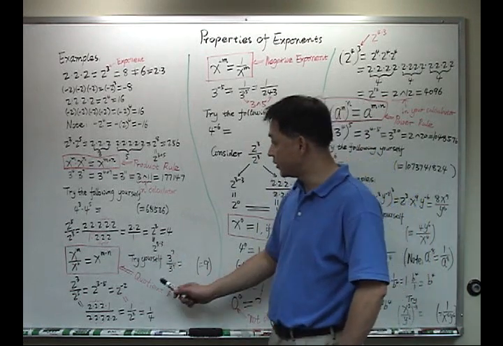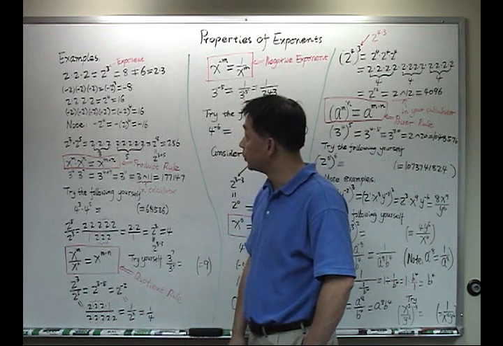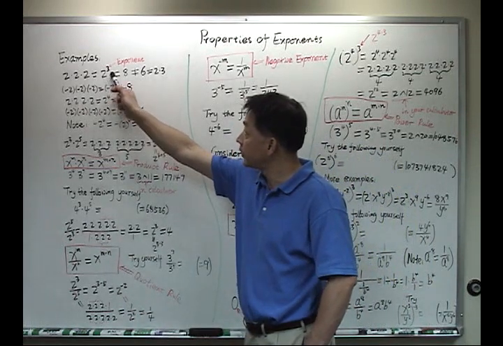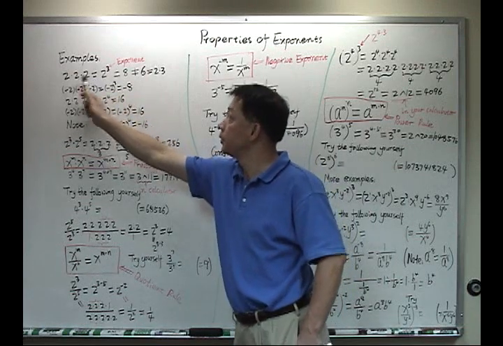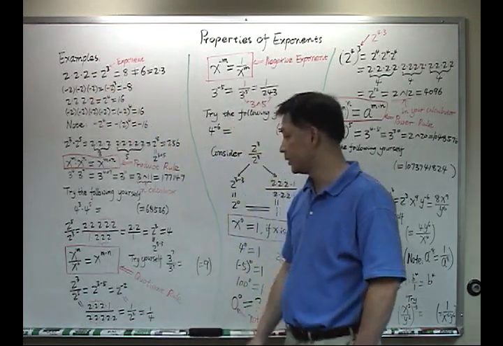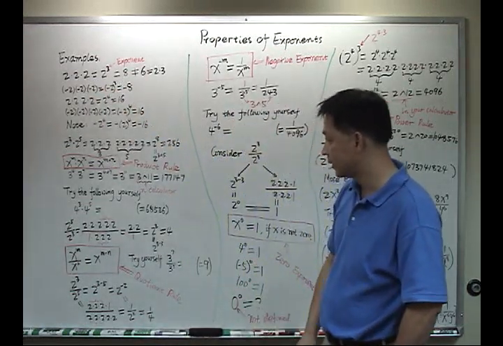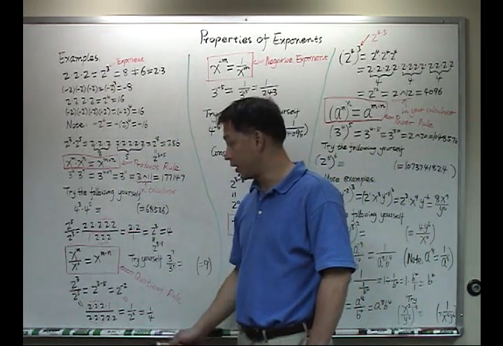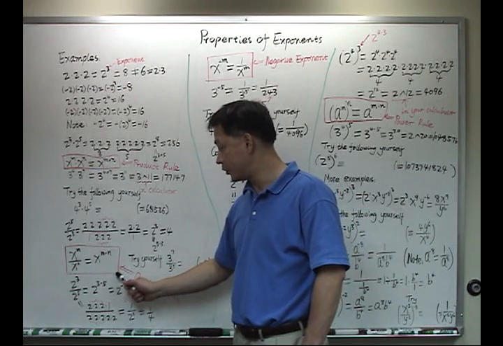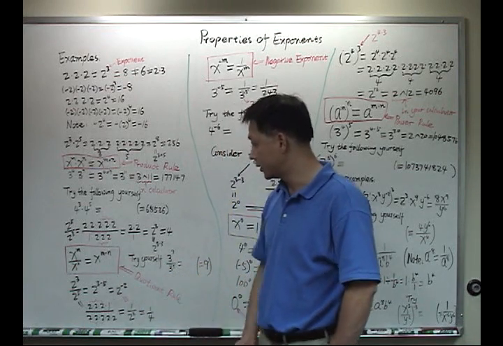When you do those things, remember, you don't do 3 times 2 or 2 times 3. Okay. Now, let's see another rule. This was our second rule, the quotient rule.